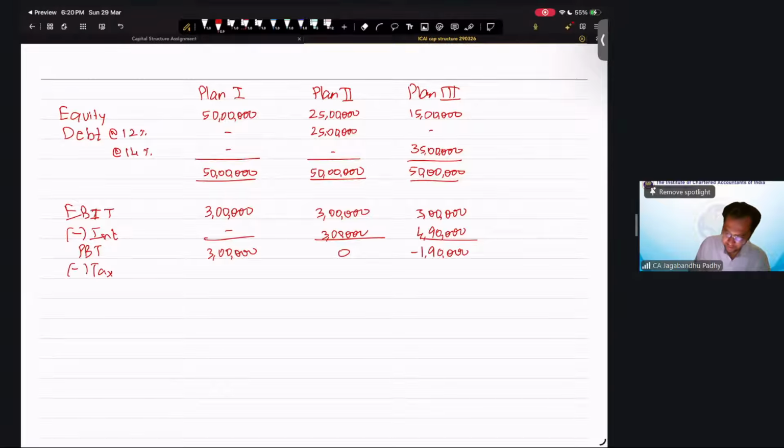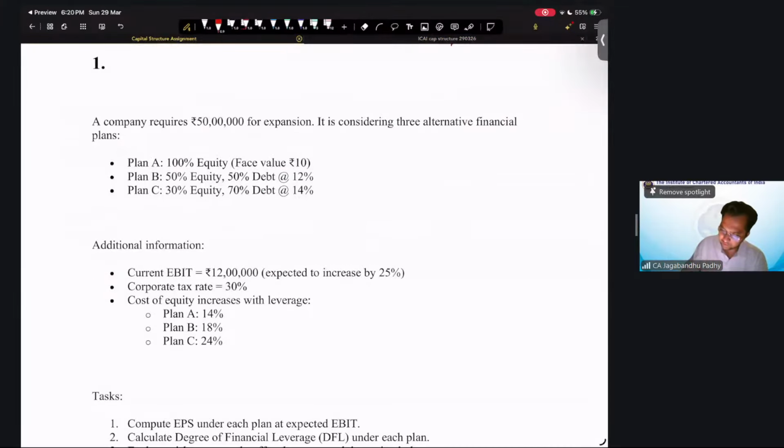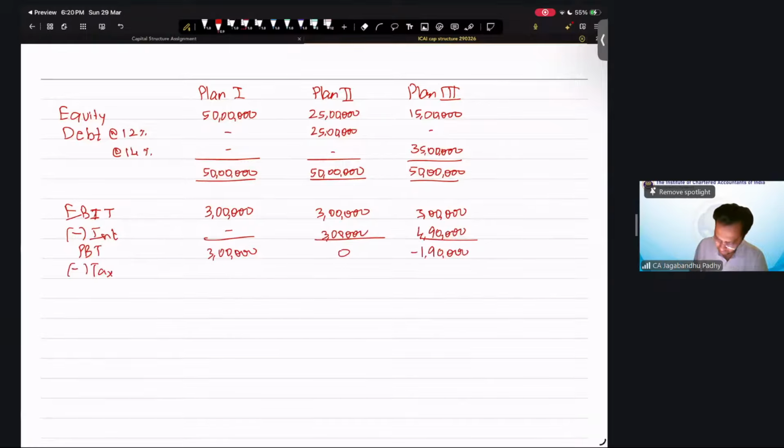From that, you're going to pay tax. What's the tax rate? 30%. Here the tax is going to be 0, here it will be 1 lakh 90,000 into 30%. Okay, sorry, it's a negative amount, right? So why do you want to calculate 30%?